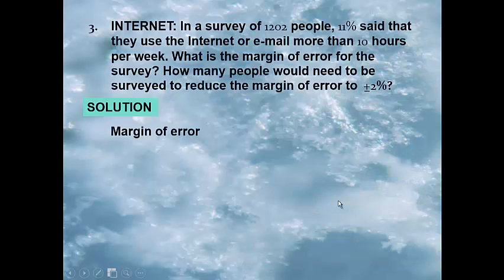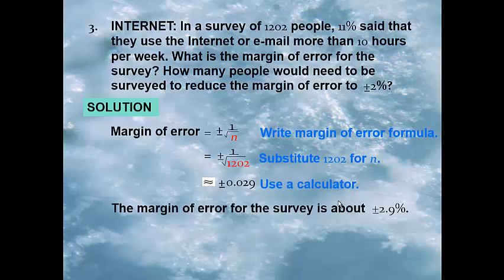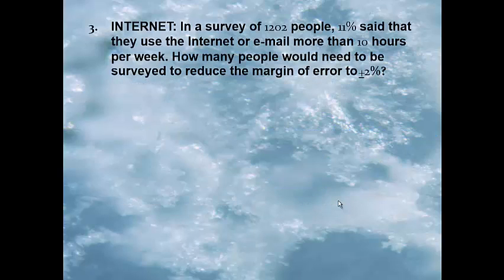So the solution: for the margin of error, we need to write the formula down first, plus or minus 1 over square root of n. Substitute 1,202 for n, and use your calculator, so you get plus or minus 0.029. So the margin of error for the survey is about plus or minus 2.9% if we multiply by 100.